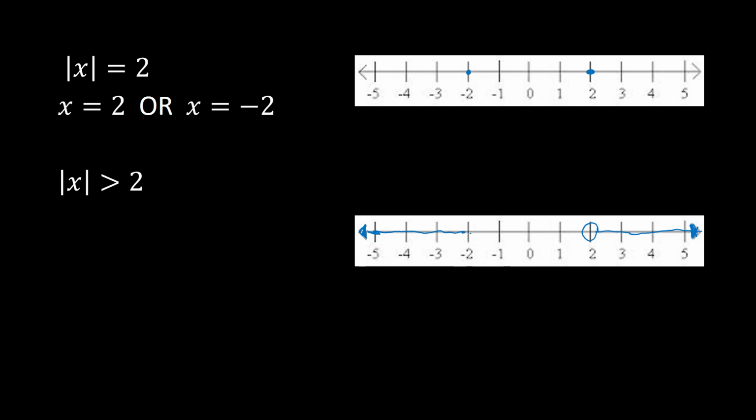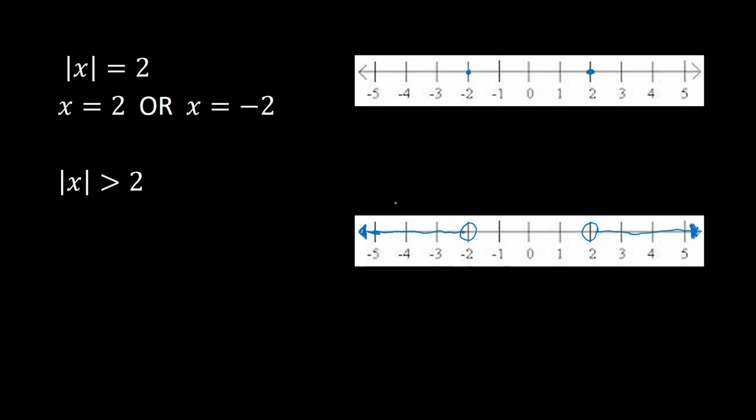And the question is, will it be an open or a closed circle here at -2? Once again, it's going to be an open circle because it can never actually reach -2. If it was at -2, it would be exactly 2 away from 0. But the way this is read says that x needs to be more than 2 away from 0, not equal to 2. So that'd be the graph for that one.